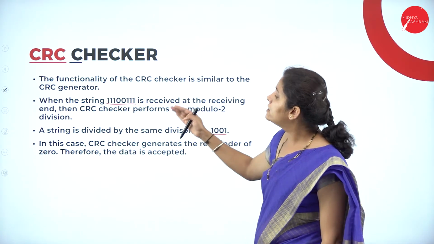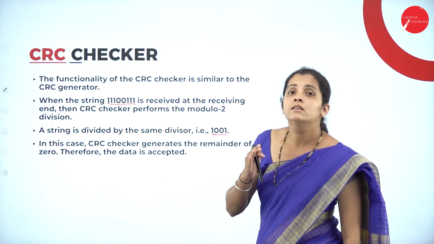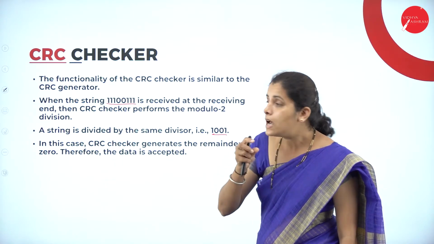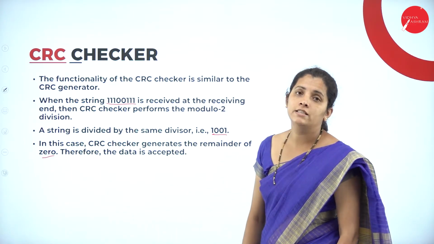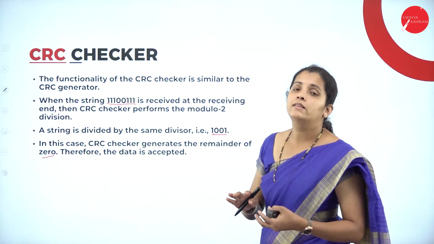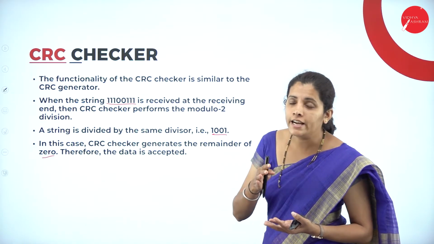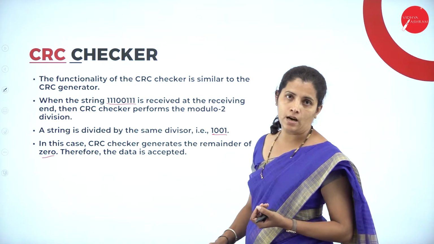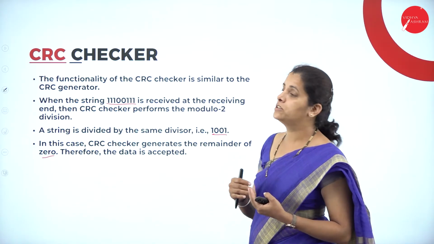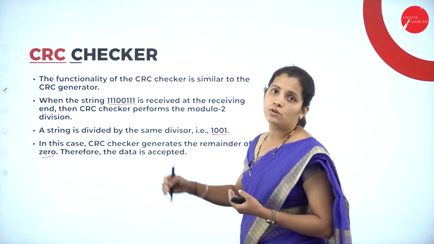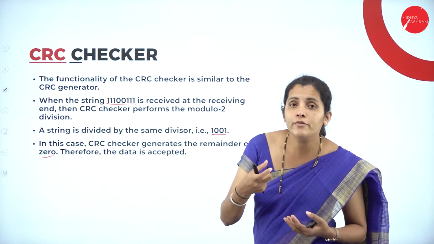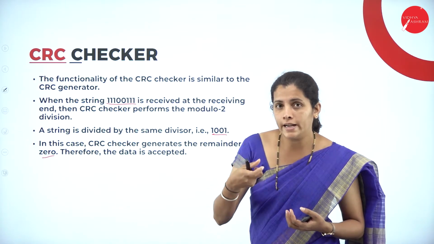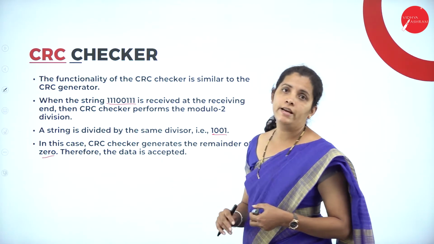That means there is no error and no modification in the data, so accept the data. If there is any variation, that is, if it is 1 instead of 0, it indicates a modification of data, so reject the data.